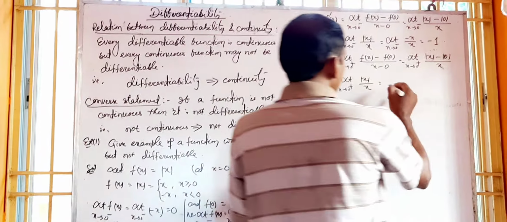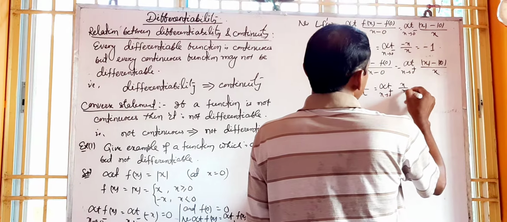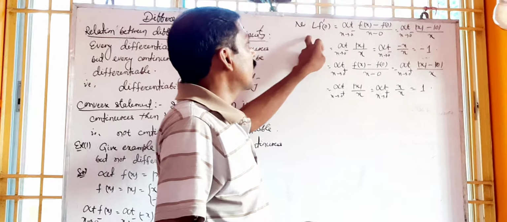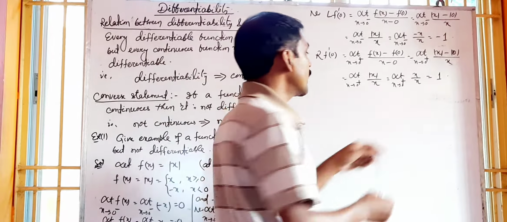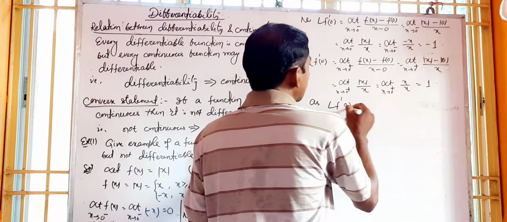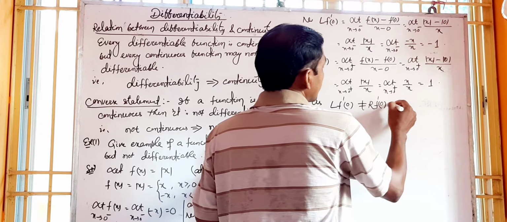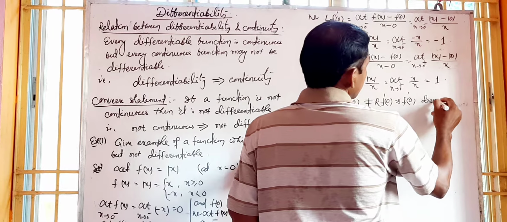So here we can write limit x tends to 0 plus of x by x, which equals 1. Now you see that the left hand derivative at 0 is minus 1, but the right hand derivative at 0 is plus 1. So we can write that L f dash of 0 is not equal to R f dash of 0. This implies f dash of 0 does not exist.